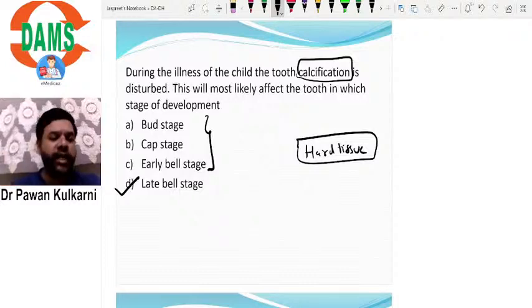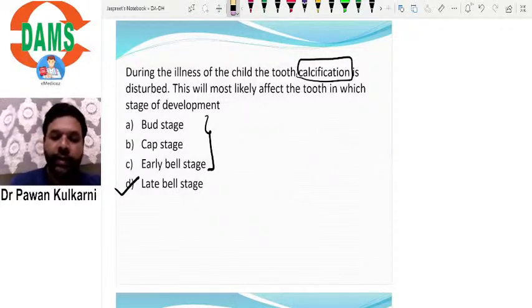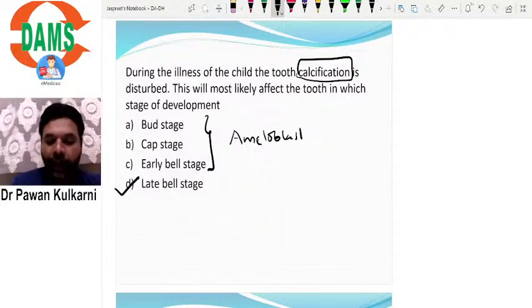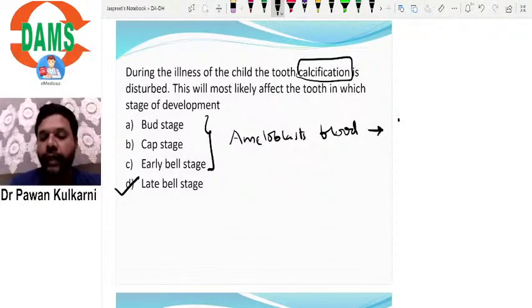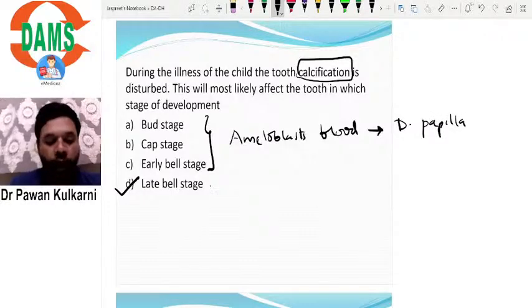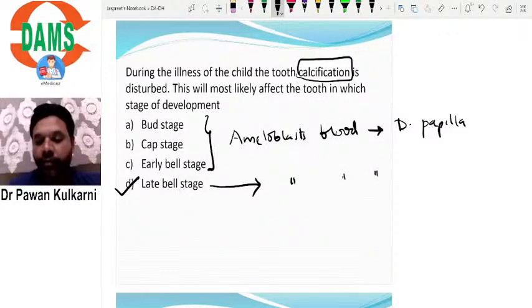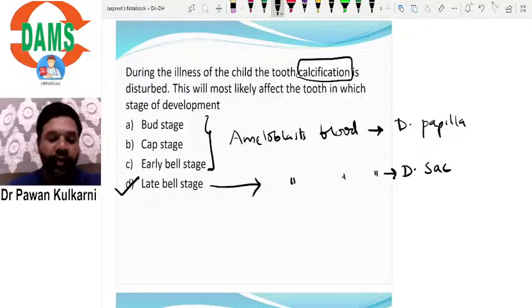Till the early Bell stage, the ameloblasts receive the blood supply through the dental papilla. Whereas in the late Bell stage, the ameloblasts receive blood supply from the dental sac, because hard tissue is already formed.